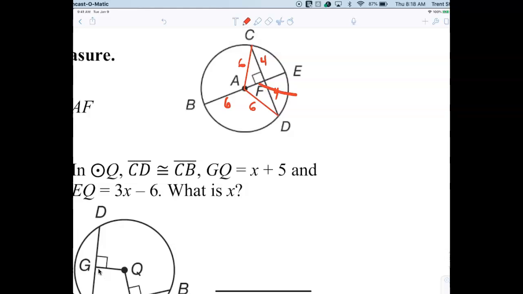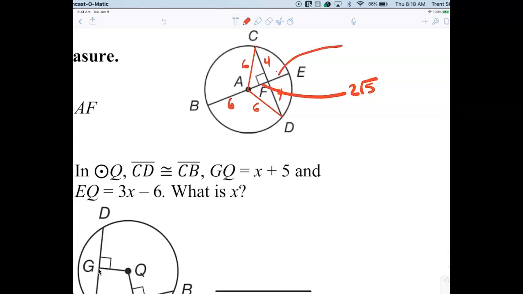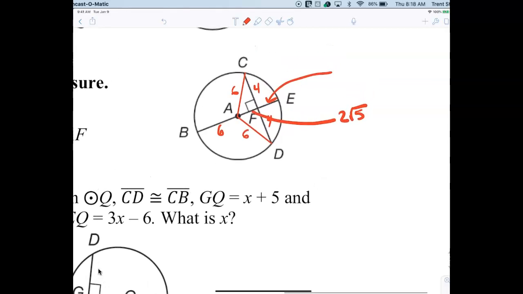So that means that length right there is 2 radical 5. Everybody good with that? Anybody have any questions? So now if I ask you what this is, somebody tell me what that measure would be right there. Not a decimal either. It's exactly correct. Very nice. 6 minus 2 radical 5. All right, it's a little bit harder to see when you have radicals.